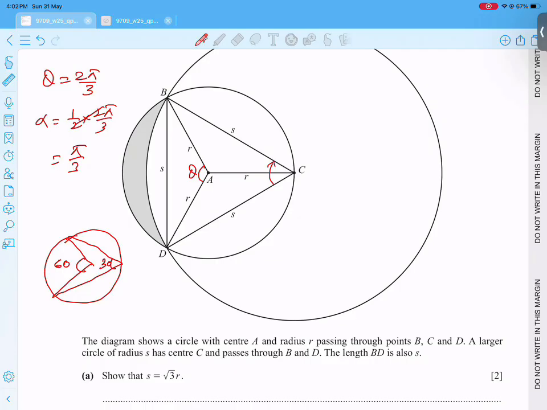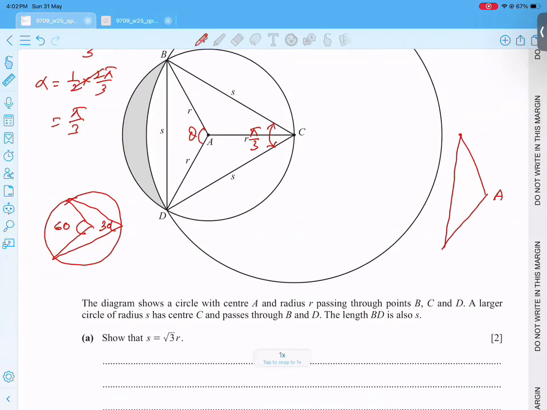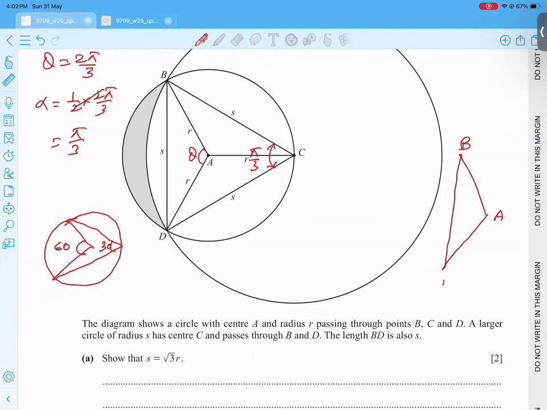To do this kind of question, we must know all these things, and we have to make the diagram separate. Because I'm looking for S, I'm going to make this triangle separate. I draw it here, labeled A, D and B with the same letters.